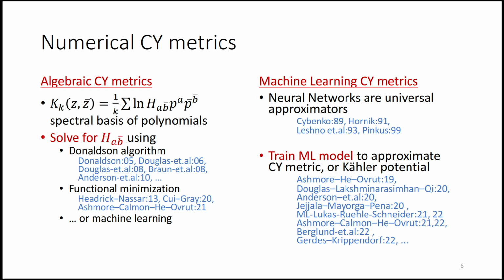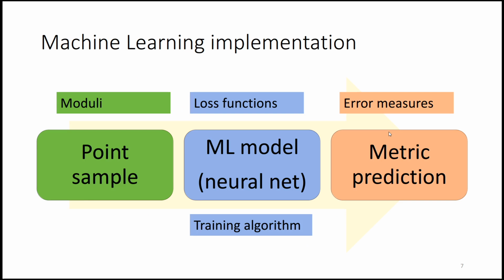If we make them wide enough, with enough parameters in our models, then we know that we can get an approximation for any function. And this is very, very useful. So we can actually use these neural networks to directly approximate the metric or this function phi if we want to.